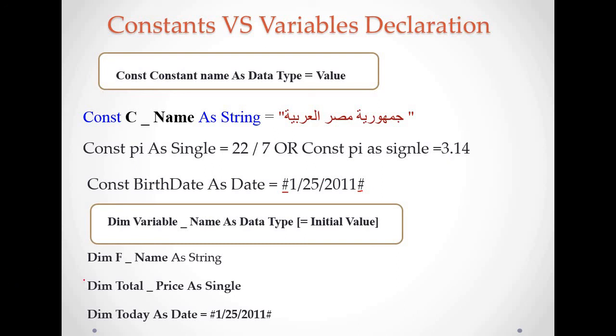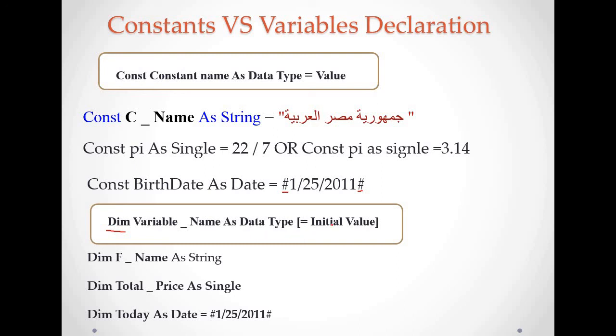Okay, let's move to the variable. We start the variable with the word Dim. So Dim refers to declaring the variable. Then we put the variable name. Then after the word As, we should put the data type.